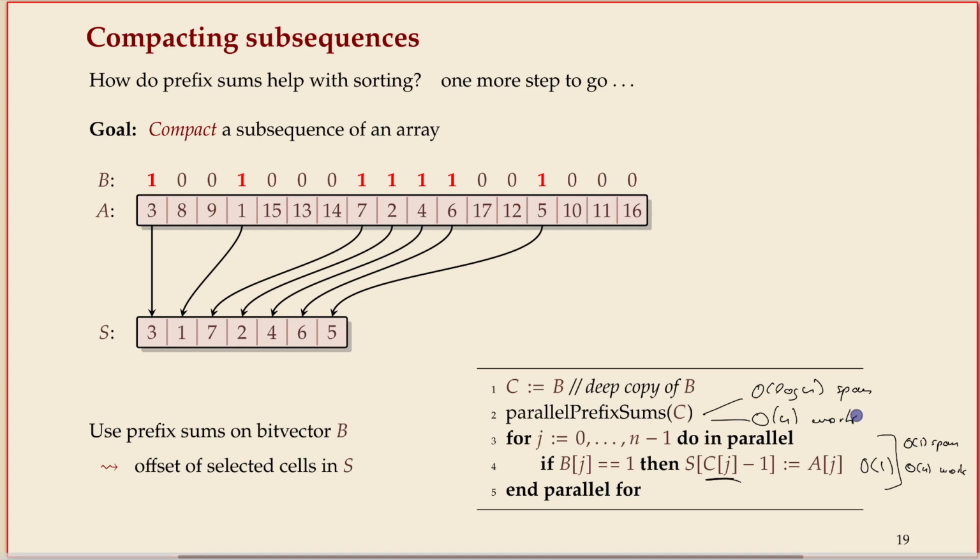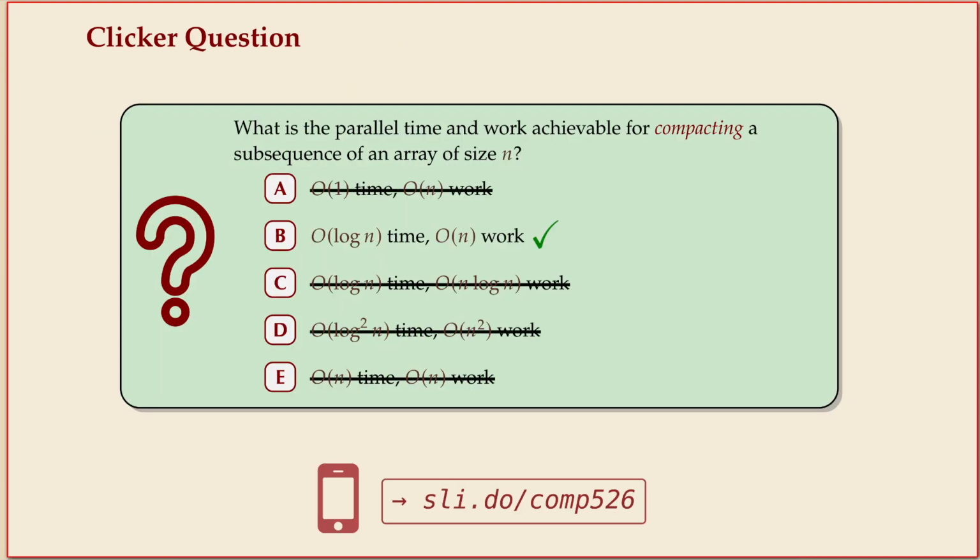Now the span of this overall thing is dominated by the prefix sum. The rest that comes afterward is essentially nothing, just a constant span. And the work is linear in both parts, so it remains big O of n. So that's the right answer, at least if we use the fancy prefix sum algorithm.